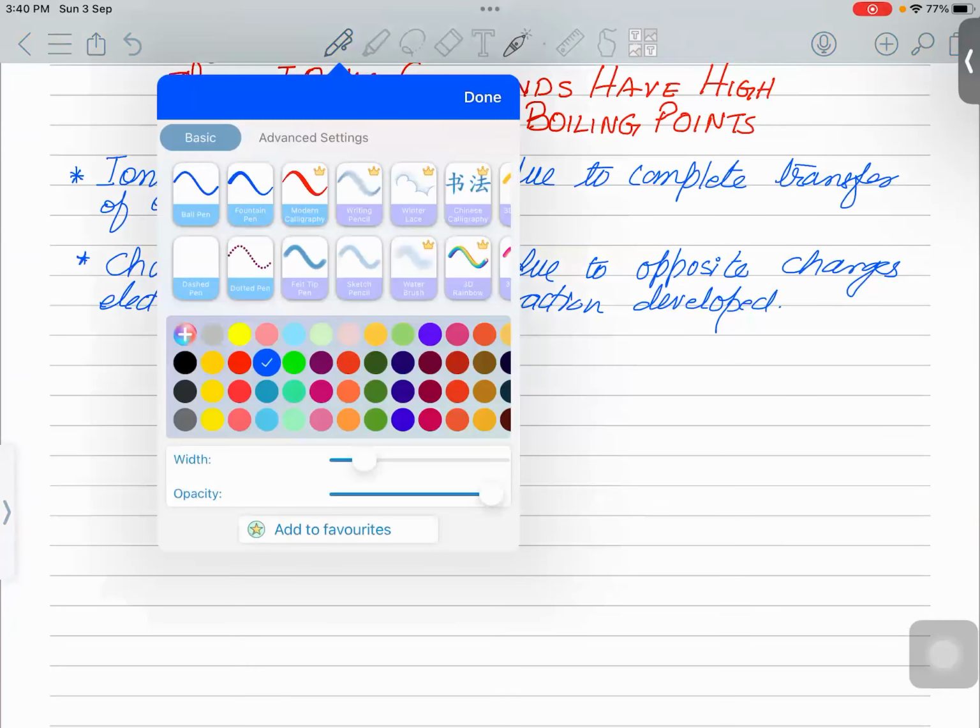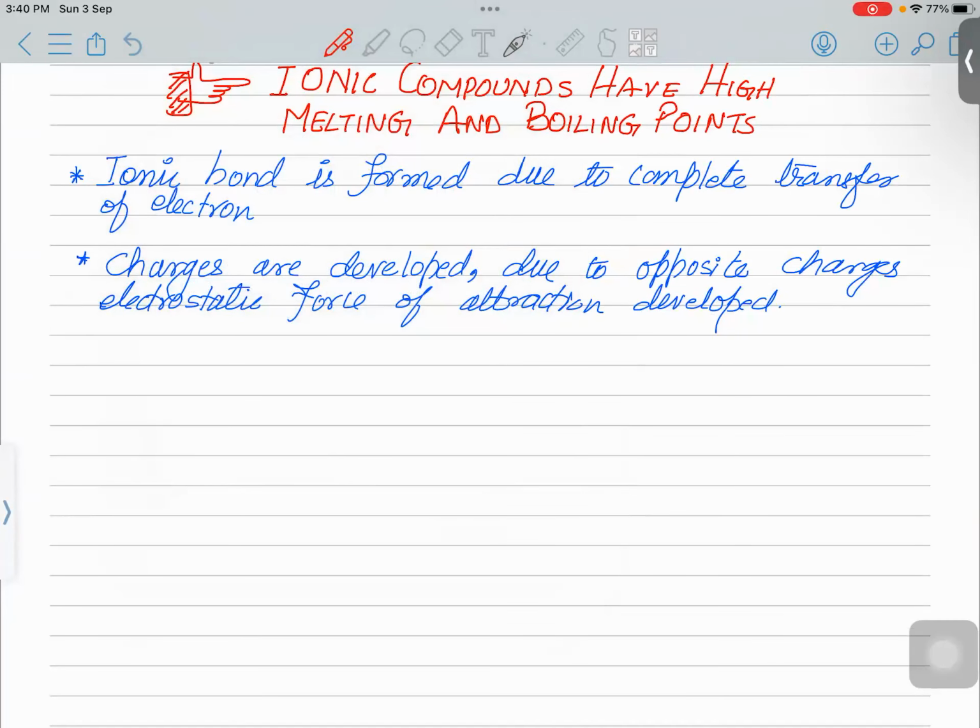Now question. Before the question, write a DI. DI stands for doctor instruction. Boiling point, important point: melting point is directly proportional to the charge of cation and anion.